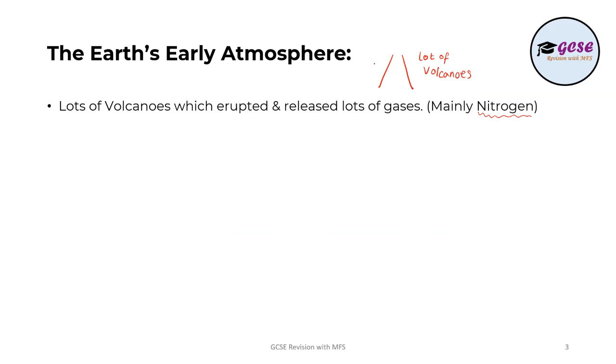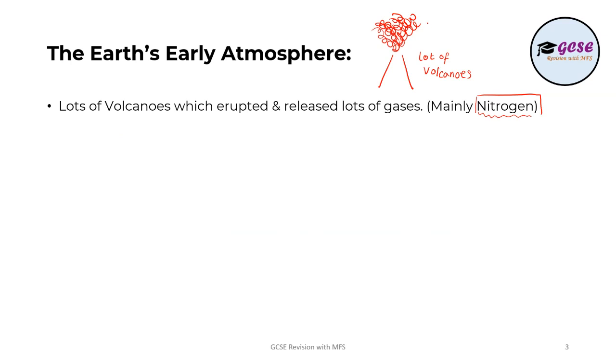Okay, and when the volcanoes erupted, they released a lot of gases into the atmosphere, and most of them stayed in the atmosphere. The main one was nitrogen.